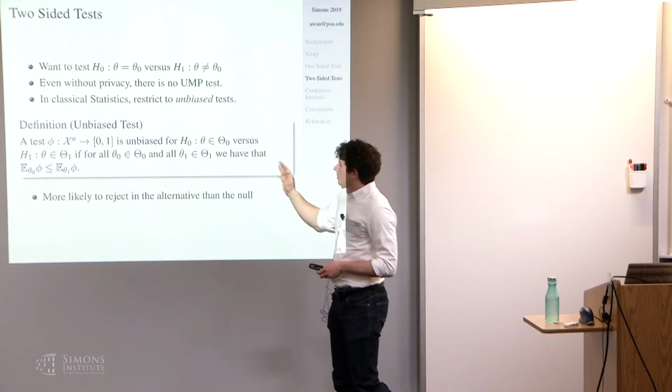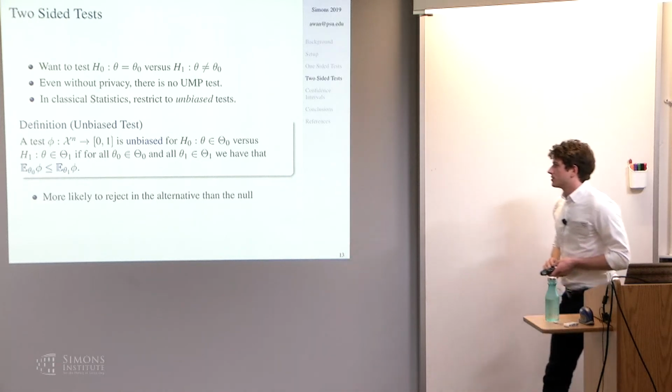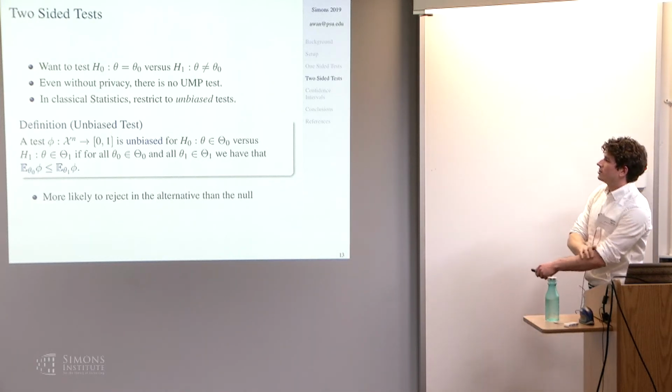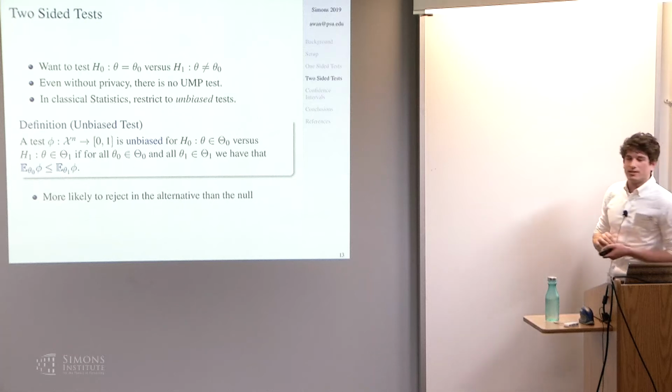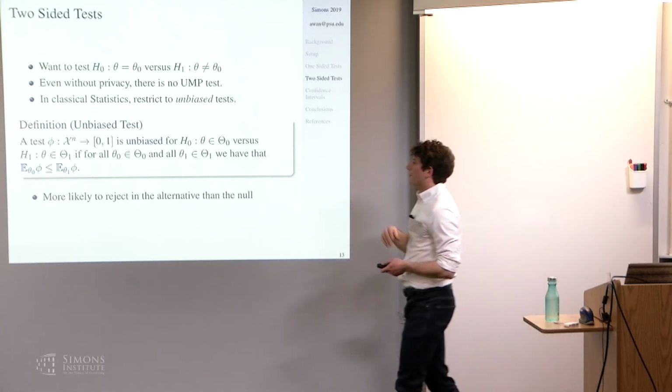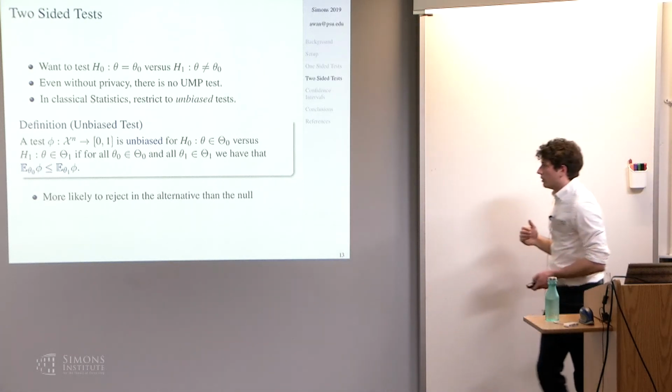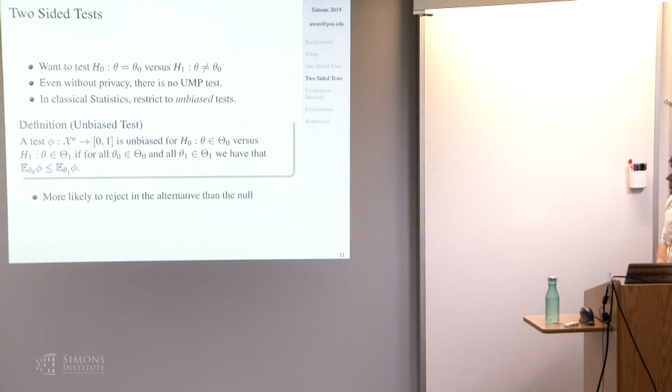So any unbiased test seems fairly reasonable by imposing this condition. There are still good tests that are ruled out by this. It might be that it dips slightly below in the alternative space and we're missing out on those. But in classical statistics, this is what's commonly done. And so by imposing this, we're now able to find a UMP unbiased test.